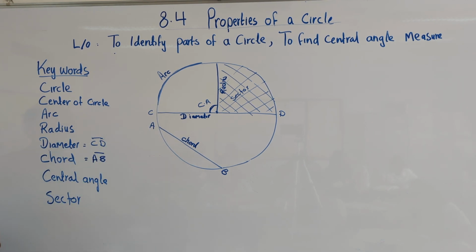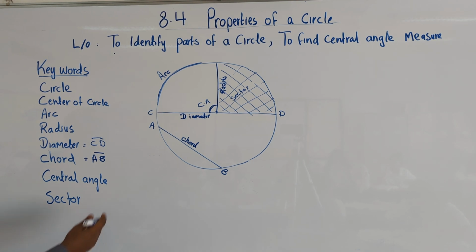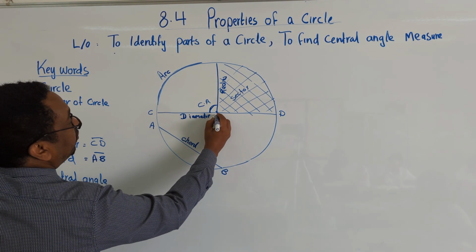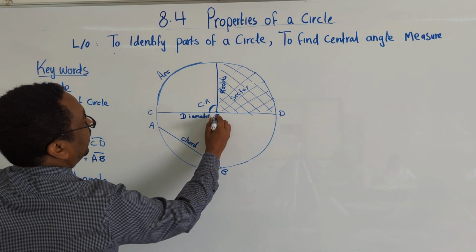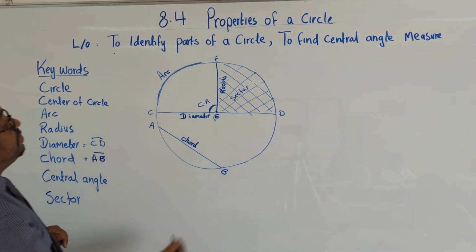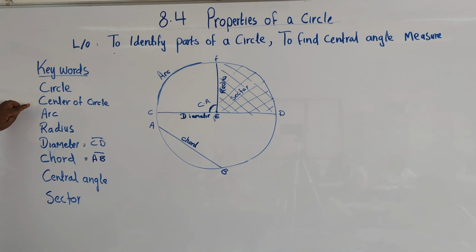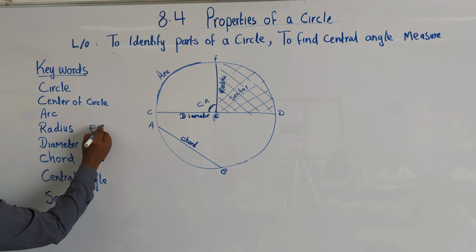It's a line segment, it's not an arrow. Yeah? So that's CD. That's your diameter. Now if we call this E, F, can you now identify the radius? Yes. The radius will be what? EF. So it's going to be EF.